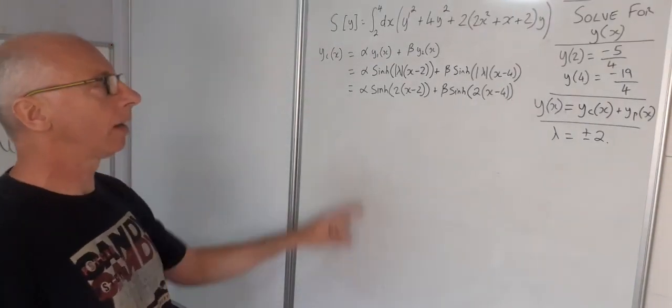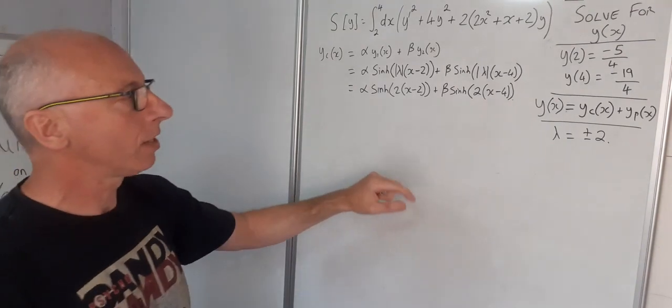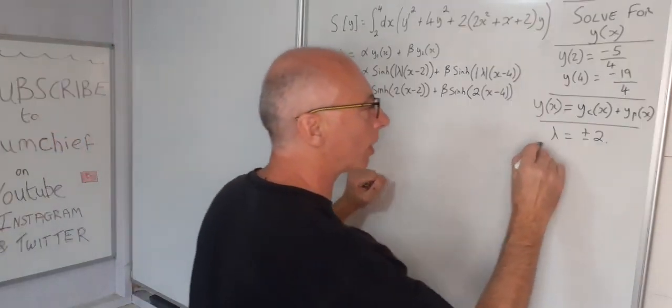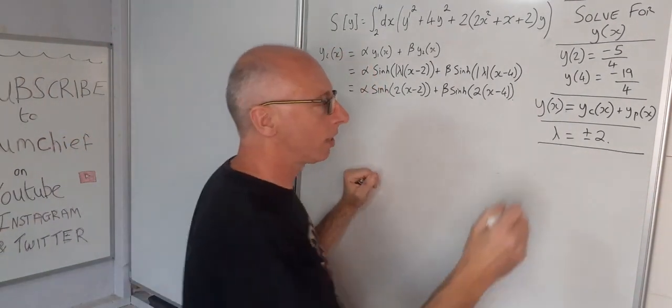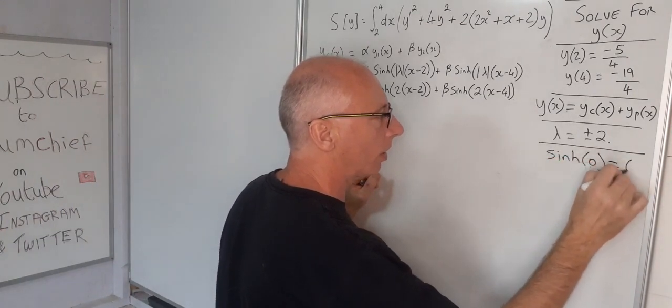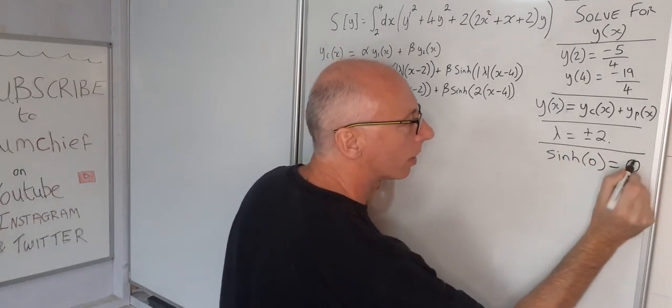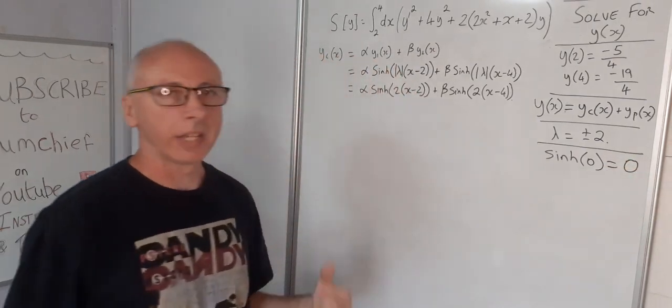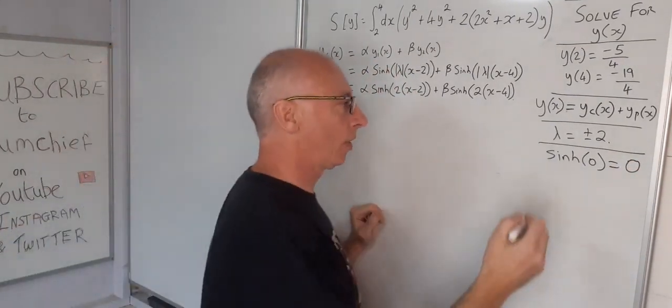Now, moving forward, there are a couple of identities we're going to need to remember. The first one is really simple: sinh of 0 equals 0. You're going to know that one.